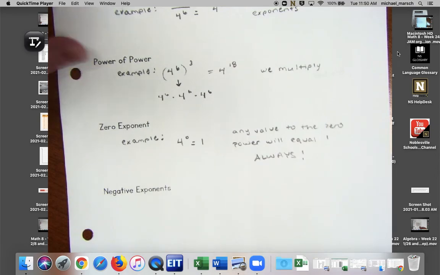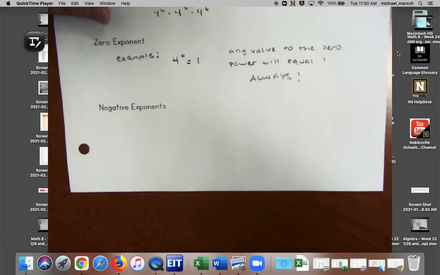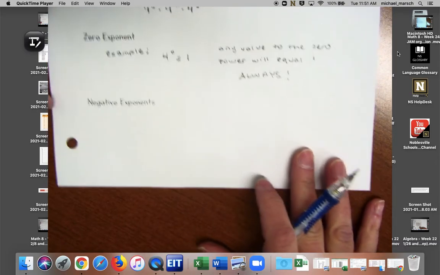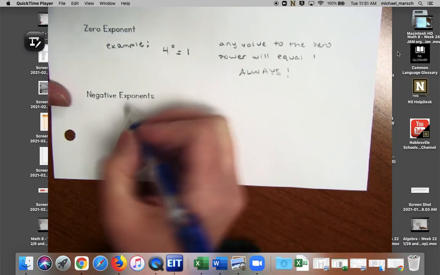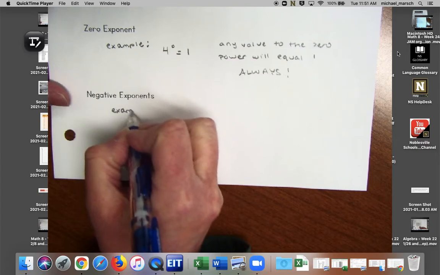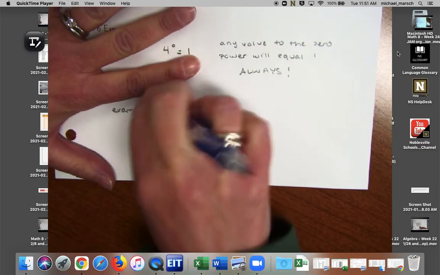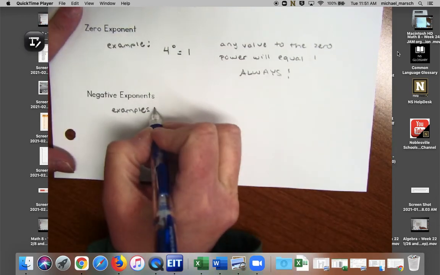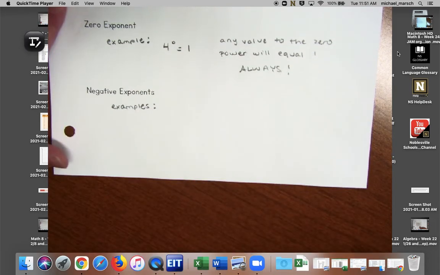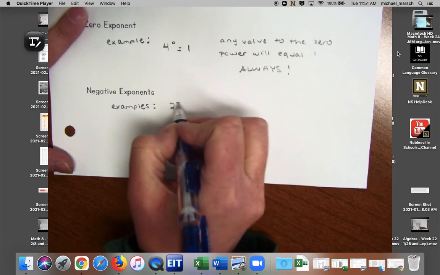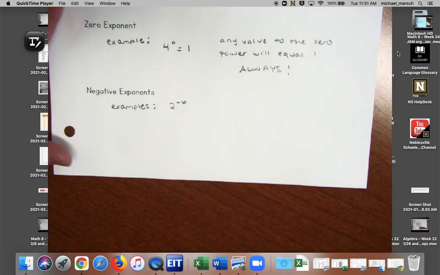Okay, let's move on. Negative exponents. Equally exciting. So we're going to have an example. Actually, we're going to have 2 examples here. So let's make that plural. Examples. 2 to the negative 6. Can't have a negative exponent, people.